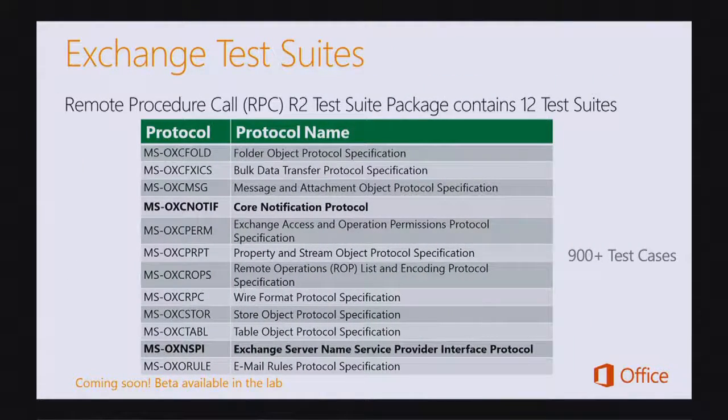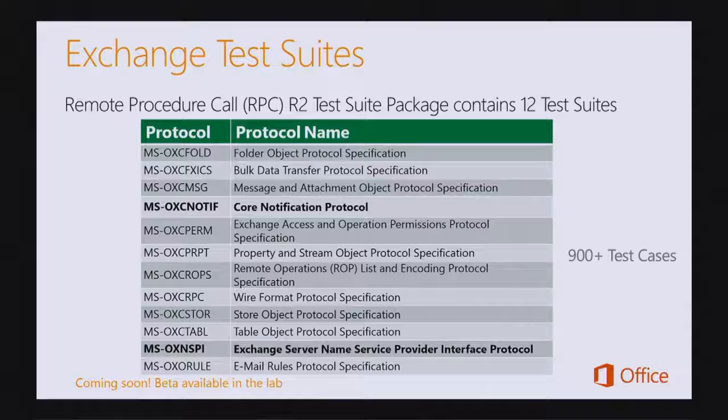In the R2 version, we added 2 new protocols, MS-OXCNOTIF and also NSPI. We have a pretty stable beta, and that's also available in the lab. This is going to be released pretty soon. I don't know when, but pretty soon. So it's pretty stable, and you can actually play with it and use it.